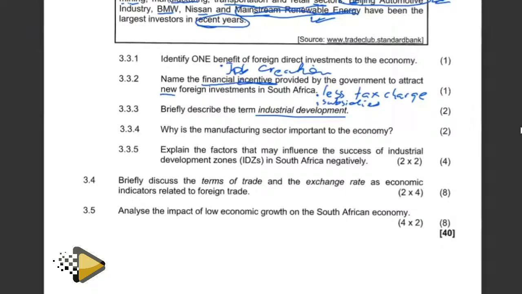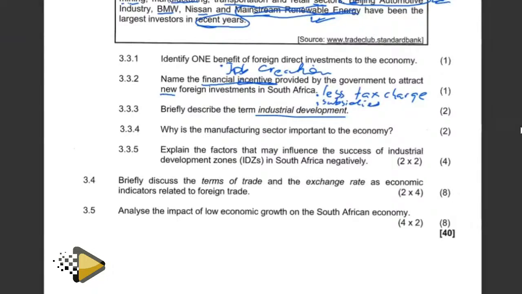South Africa as an economy has discovered that the secondary sector has the potential of contributing largely towards GDP. That is why it has aimed at investing most of its funds in the secondary sector, in factories and the like, because it is one of the most powerful sectors when it comes to absorption of South African labor.